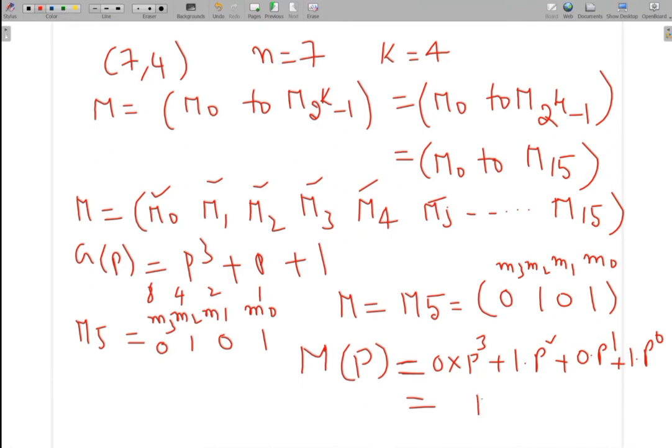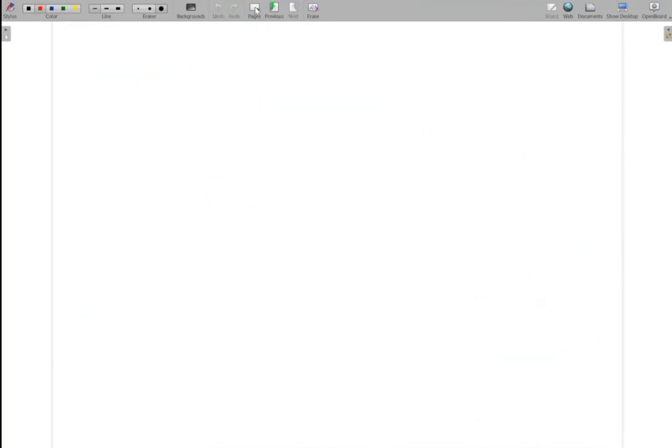That means 1 into P square is P square plus 1. That means M of P is equal to P square plus 1. That means M5 of P.